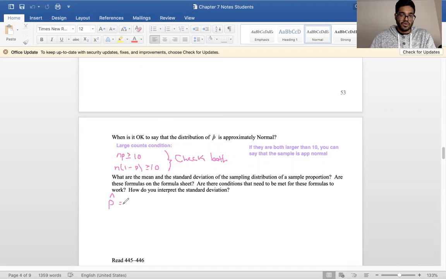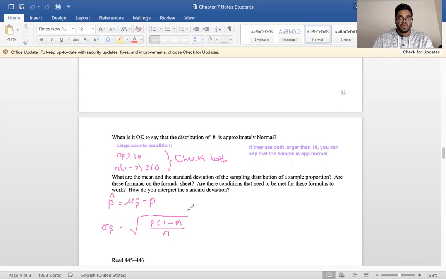The mean of p hat is the same thing as just p, because it's an unbiased estimator. Your standard deviation of p hat is equal to the square root of p times 1 minus p over n.